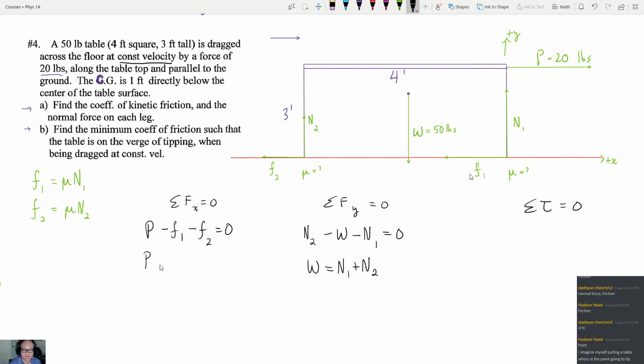And this one tells us that P is equal to F1 plus F2. But we know from over here that F1 is mu times N1, and F2 is mu times N2. So it turns out that we can actually factor these out.